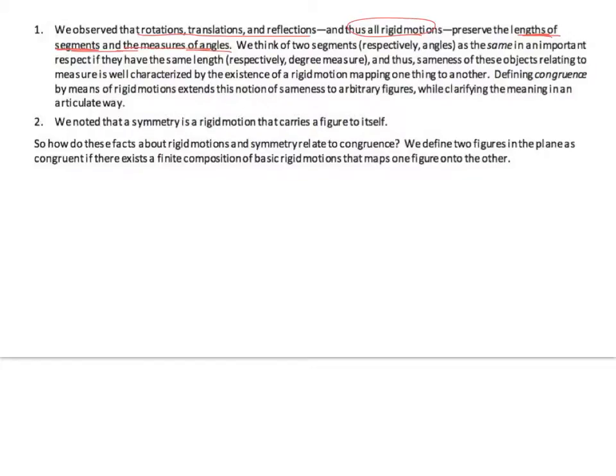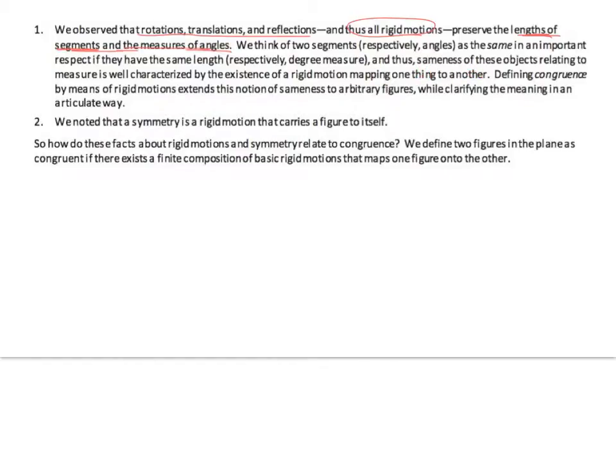We think of two segments, respectively angles, as the same in an important respect if they have the same length. So we think of two segments or an angle as the same if they have the same length for the segments or degree measure for the angles. So sameness of these objects relating to measure is well characterized by the existence of a rigid motion mapping one thing onto another.